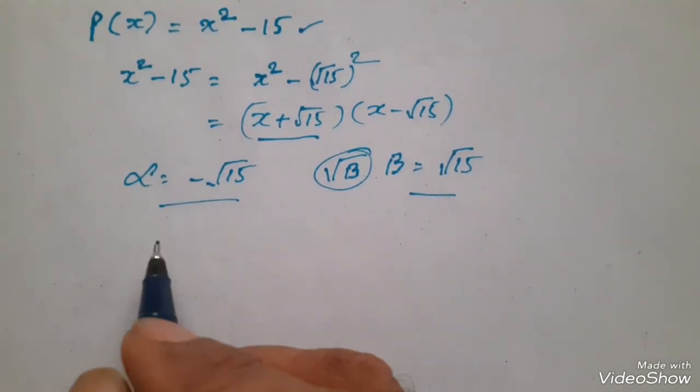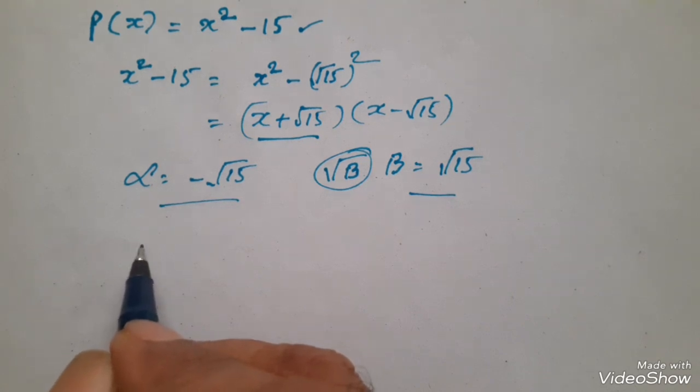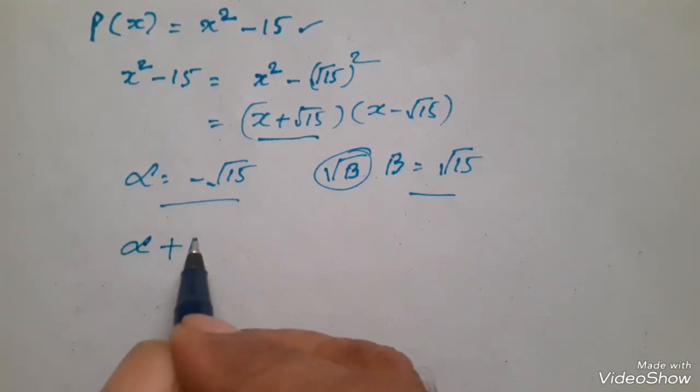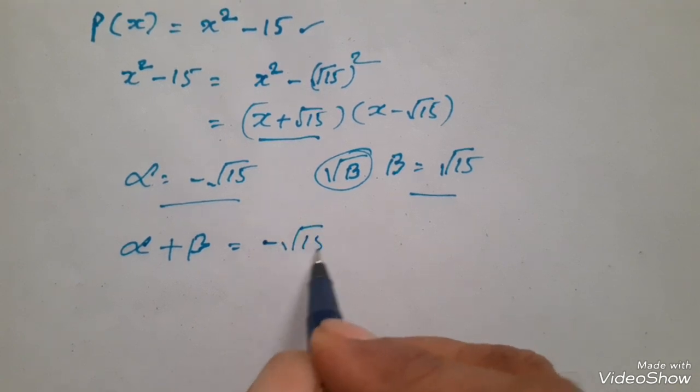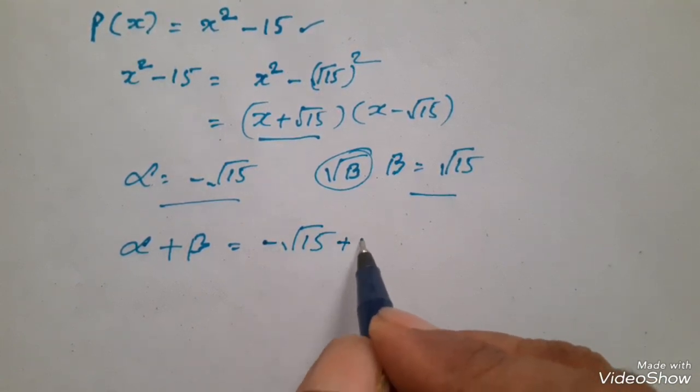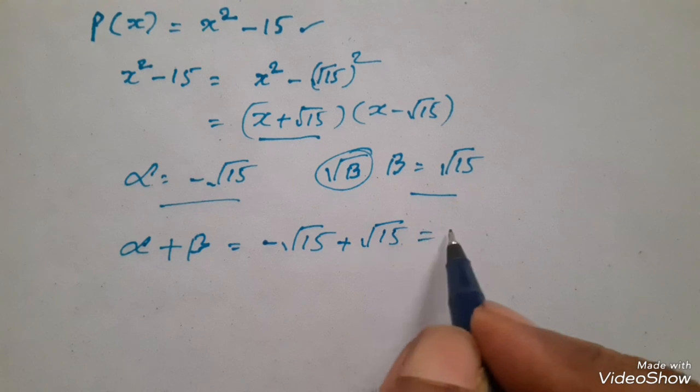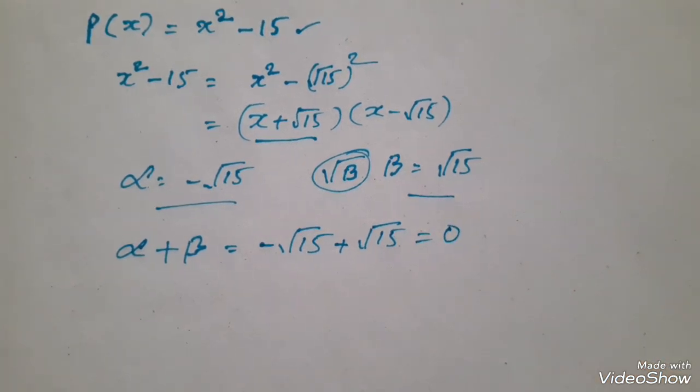So first, the sum of zeros, that is alpha plus beta. One zero is minus root 15 and the other zero is plus root 15, and we get 0. Now with the help of coefficients also we can find the sum of zeros.